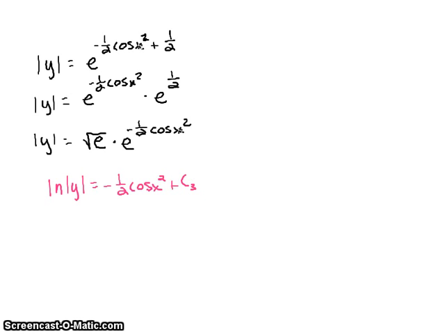This is where we're more than likely going to have to mess with our exponents. When we can't solve for that c3, we're going to end up here, where we're going to have the absolute value of y equals e to the negative 1/2 cosine x plus c3. What they're going to do more than likely on a multiple choice question is split this up.